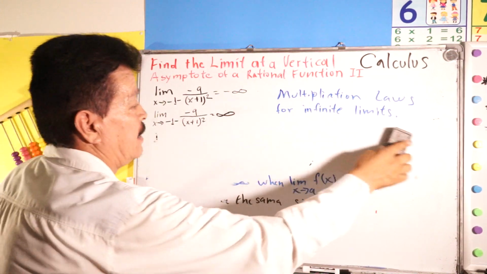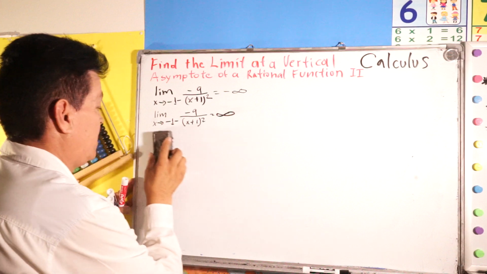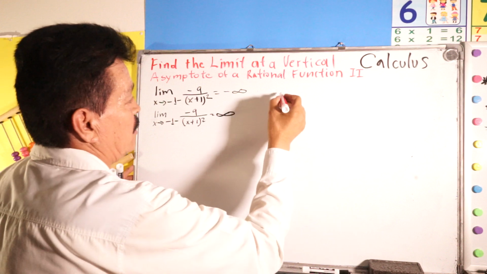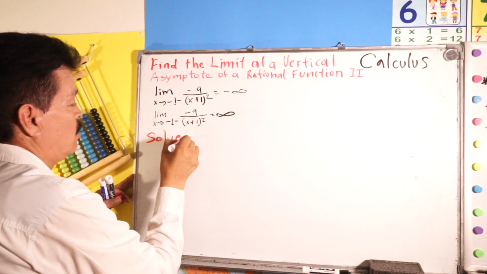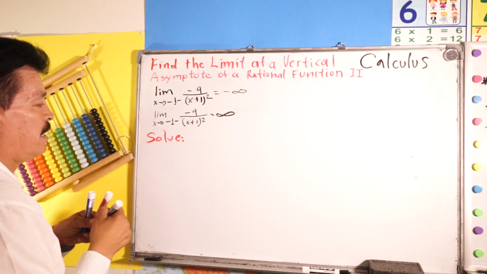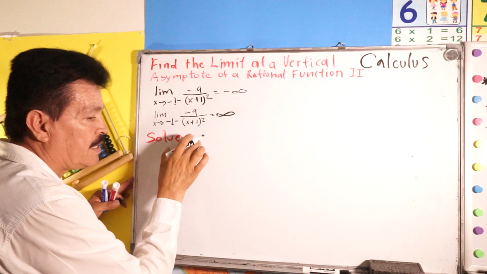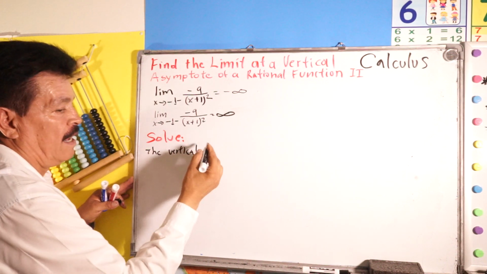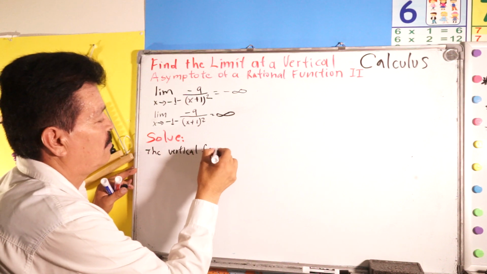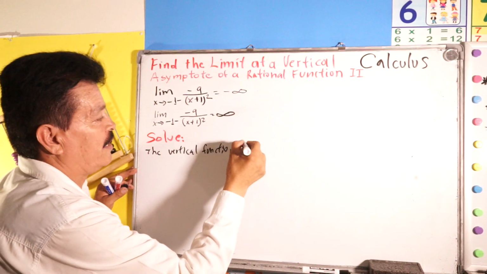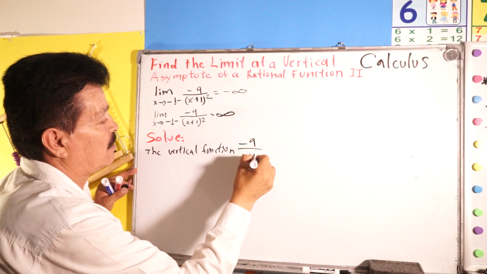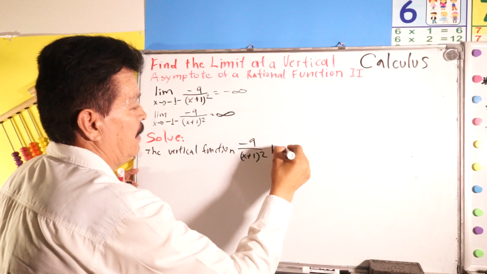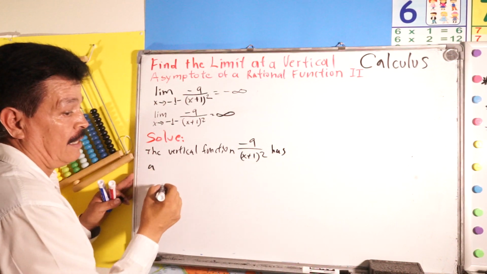I will erase this, and then let's go to the next step. The next step is to try to find the answer. So now let's solve our problem. First, what we see in our problem is that the function negative 9 divided by (x plus 1) to the second power has a vertical asymptote.